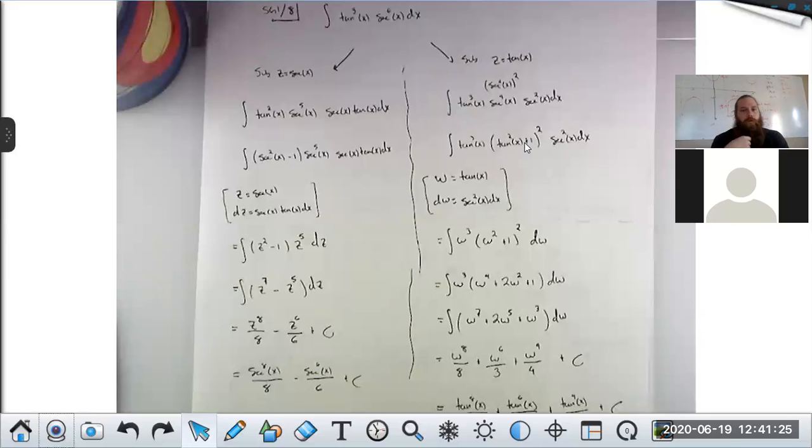If you don't remember those strategies, you may want to go back and remind yourself. Sine cosine integrals, we break down into 2 cases. Secant tangent integrals, we break down into 3 cases. The sine cosine integrals, if there's any odd power, are easy. We just substitute. You grab a copy of the other guy, rewrite everything else in terms of the first, and then substitute for the first.